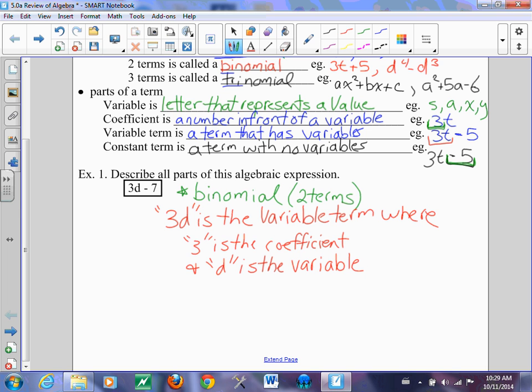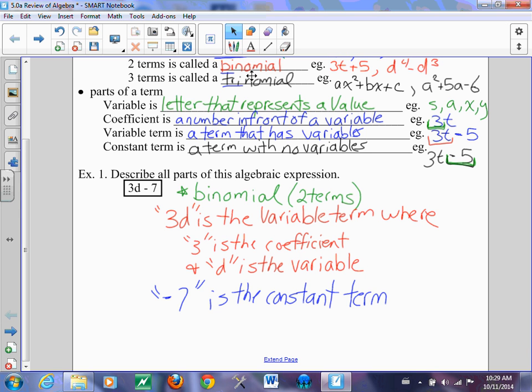All right, so that's the one term. Now let's take a look at the second term, negative 7. Okay, this is the constant term. Any questions?